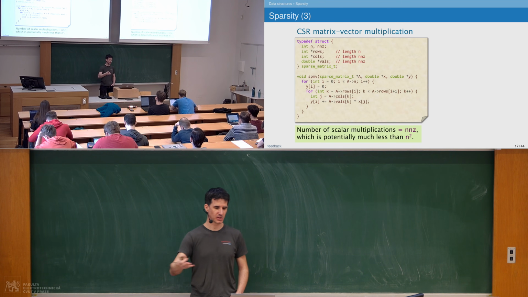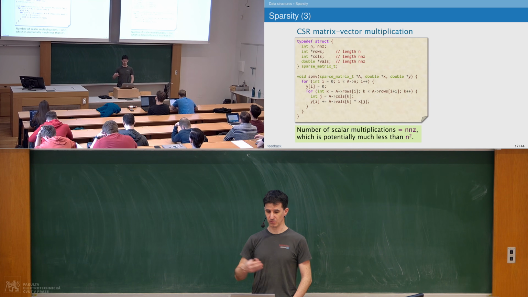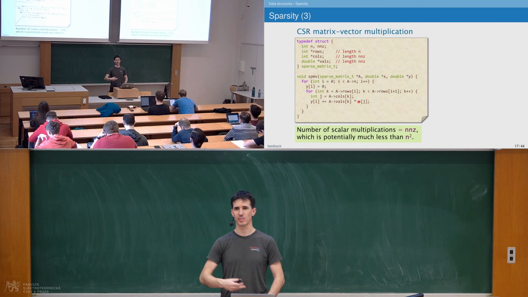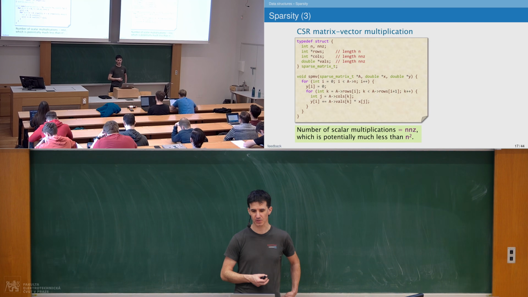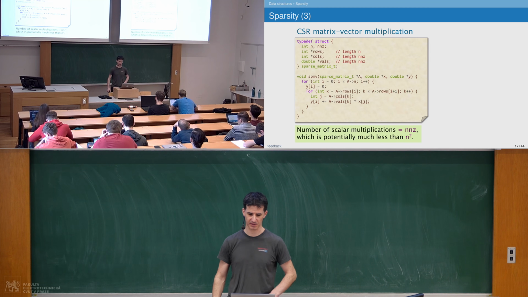Instead of 36, here you will have just 14 scalar multiplications to get the result. So the algorithm is more complex, but execution time will be much shorter, and it will be even shorter if you have more zeros in the matrix. So this is another useful technique.